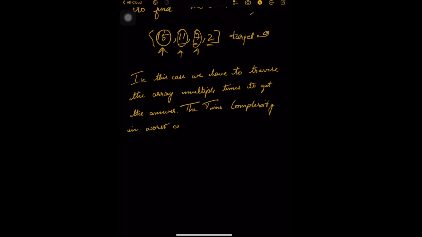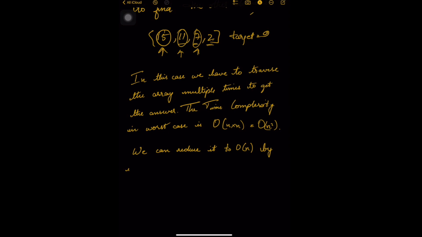Now, in order to reduce time complexity from O of n square, there are many methods you can use. In this case, what we're going to use is we're going to increase the space complexity. Currently, the space complexity is constant. We're going to reduce the time complexity to O of n, and we're going to increase the space complexity to O of n.